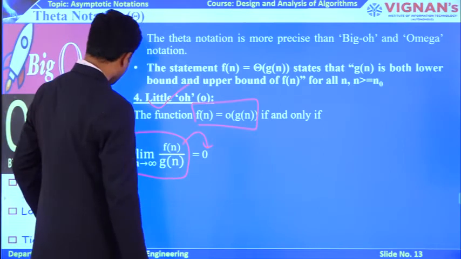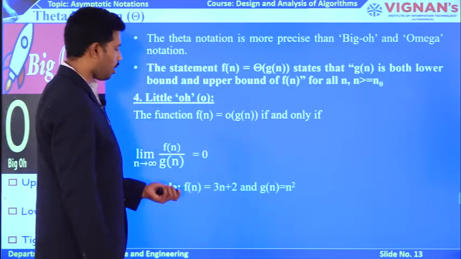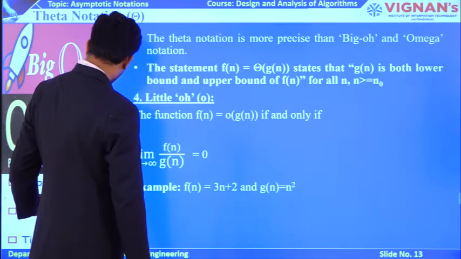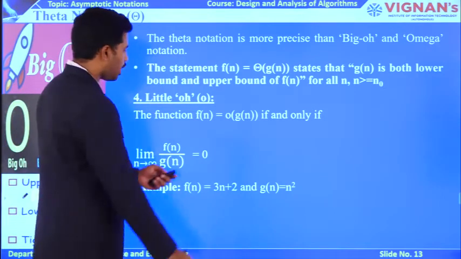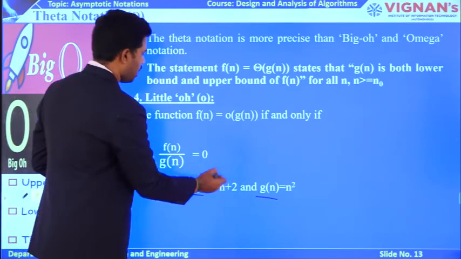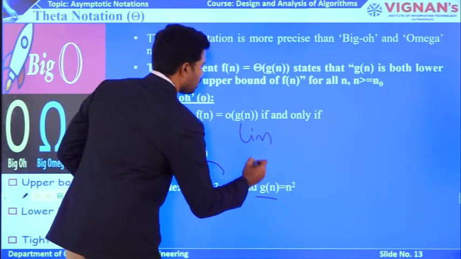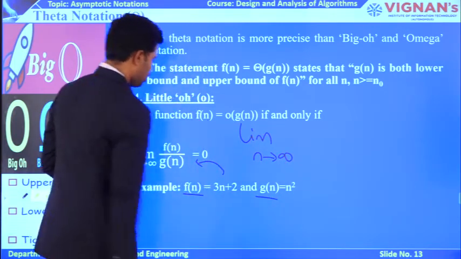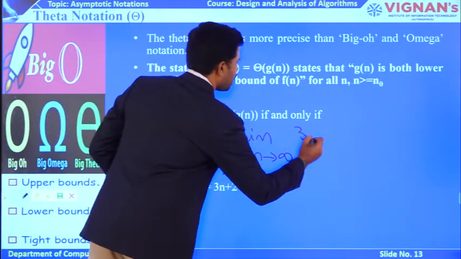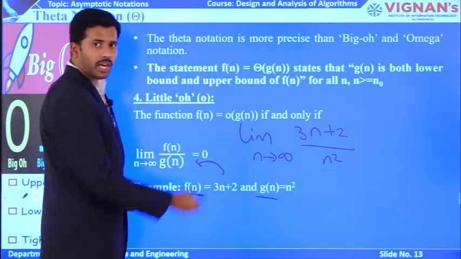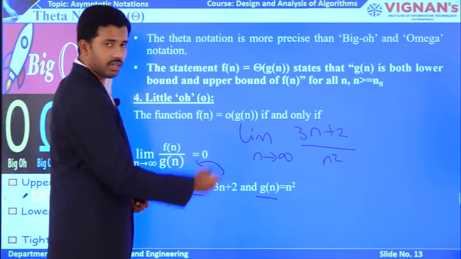So let us discuss one example. Here I am taking f of n equal to 3n plus 2 and g of n equal to n square. Now substitute the f of n value as well as the g of n value in this equation. Limit n tends to infinity, f of n is 3n plus 2, g of n is n square. What is common among numerator and denominator? n, right?